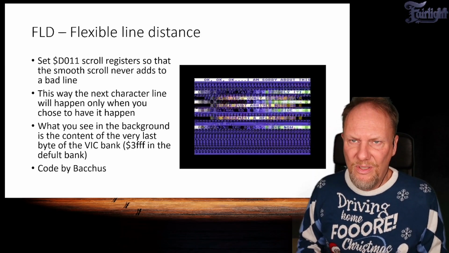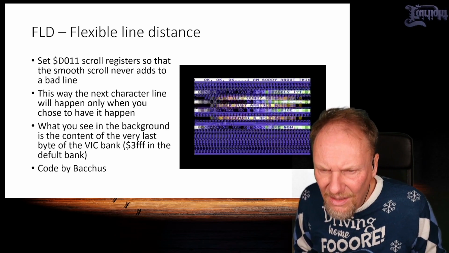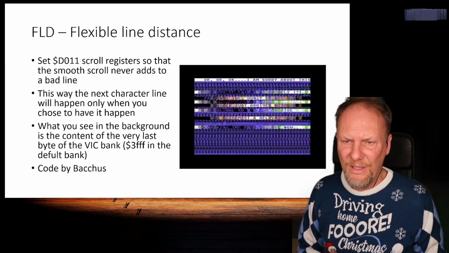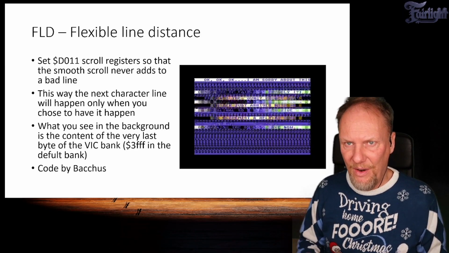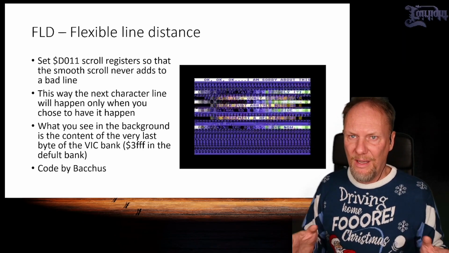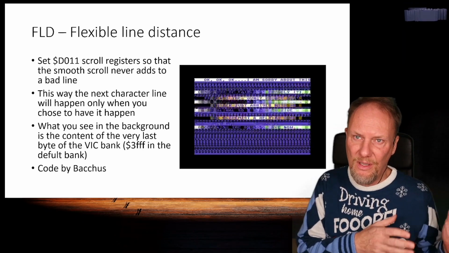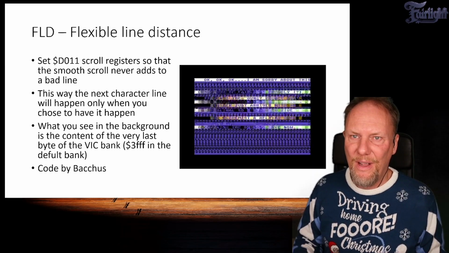And the byte you see there in the background, which says FairLight the Magicians, I believe I printed there. That is the byte from the very last byte of the current VIC bank. So if you're using bank 0, from 0 to 3FFF, it's the byte 3FFF.